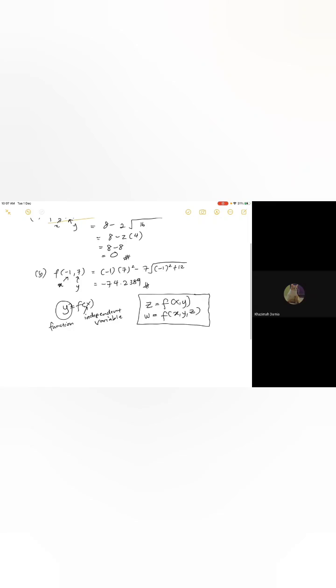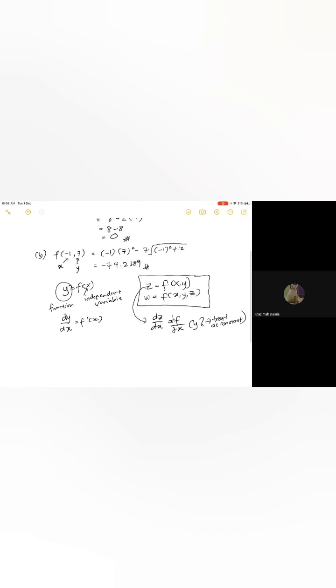Okay, so when you differentiate these functions, for example this one, you differentiate dy/dx, you will have f prime x. However, for this one, if you want to differentiate dz/dx, it will be del f over del x only. So how about y? So y will be treated as constant, because you have more than one variable, right?